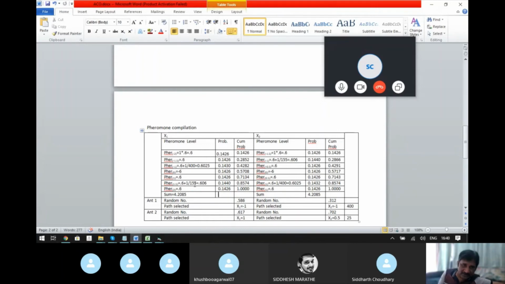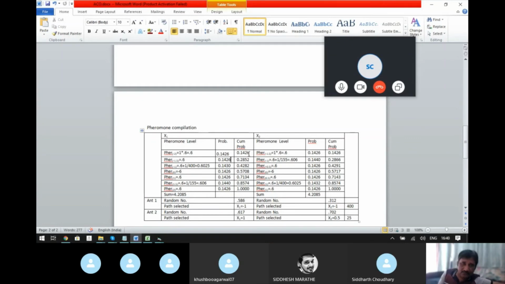Likewise, 0.6025 divided by 4.2085 gives you 0.1430. Likewise, the probability of selecting each particular path has been found.